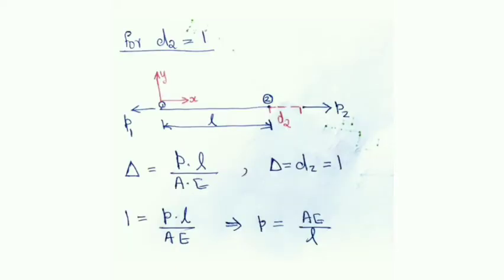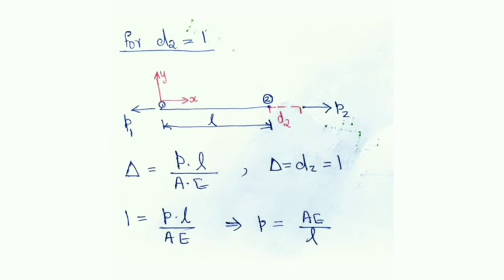Similarly, we can derive KL for d2 equal to 1. d2 is the displacement occurring at node 2. For d2 to occur, P2 should act rightwards. So for equilibrium, P1 will be acting in the opposite direction. And similar to the first case, displacement delta will be equal to PL by AE. Here delta is the displacement d2, which is equal to 1.